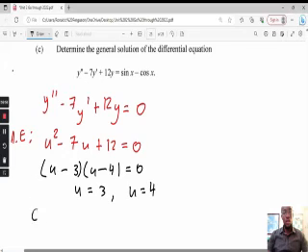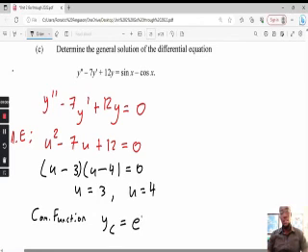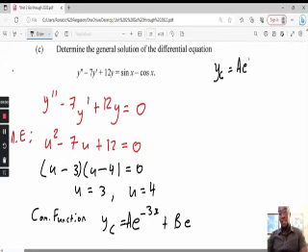So our complementary function, I like to call it yc, is equal to a e to the u1 x plus b e to the u2 x, or m1, whatever you want to call it. So it's a e to the 3x plus b e to the 4x, and that's it.